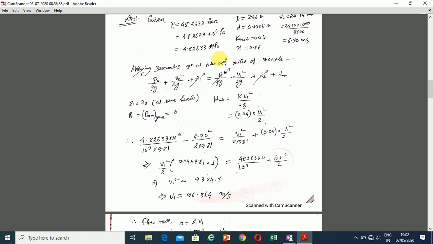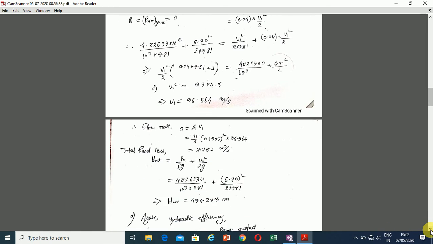we put in all the given values, that is 4.82633 into 10 to the power 6 divided by 10 to the power 3 into 9.81 plus V0, which is 6.70 as given in the question, square divided by 2 into 9.81 is equal to V1 square divided by 2 into 9.81 plus 0.04 into V1 square by 2 into 9.81. Here the only unknown quantity is V1, and from this equation we get V1 is equal to 96.564 meter per second.